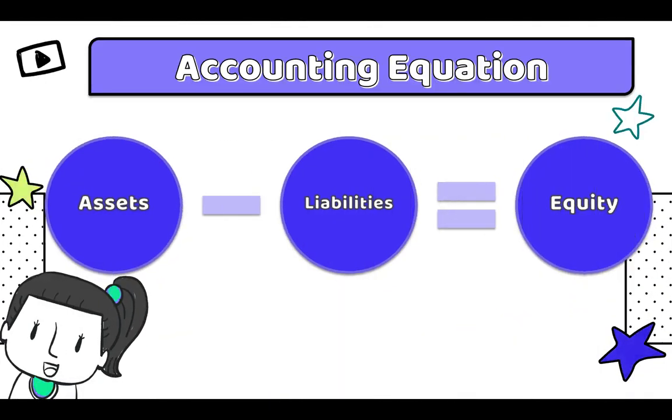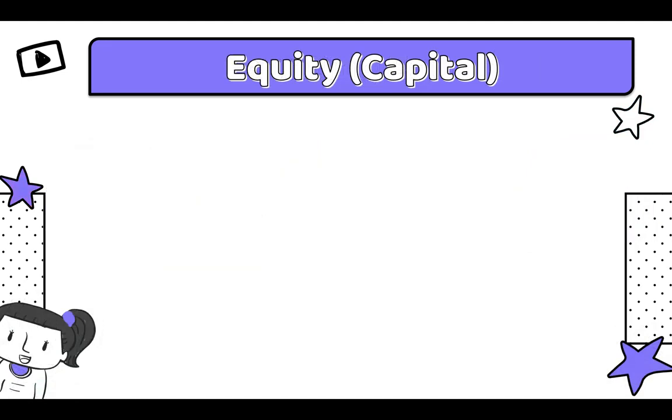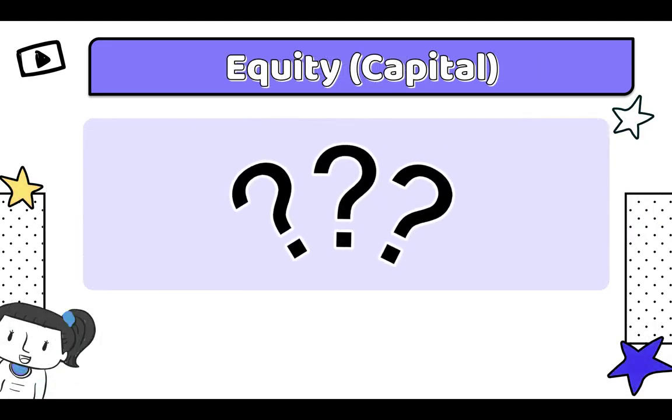Going back to our accounting equation, we can easily say that equity is basically assets removing all the liabilities, which in other words is what the owners have invested in the company and is also known as capital ownership. The equity of the owner is subject to change. What do I mean by that? How does that happen?